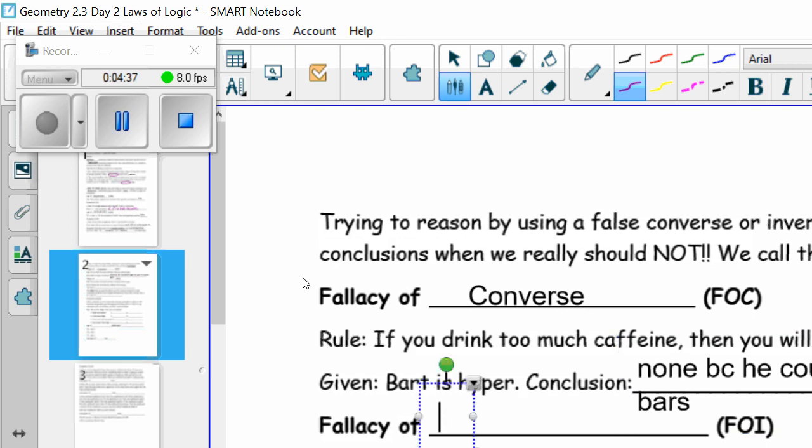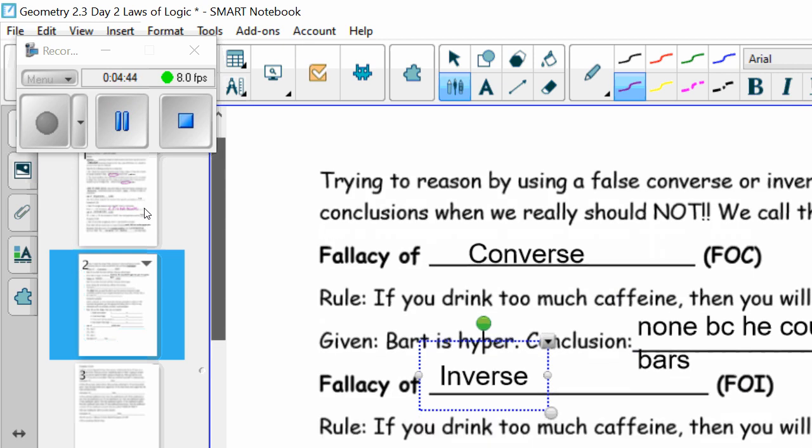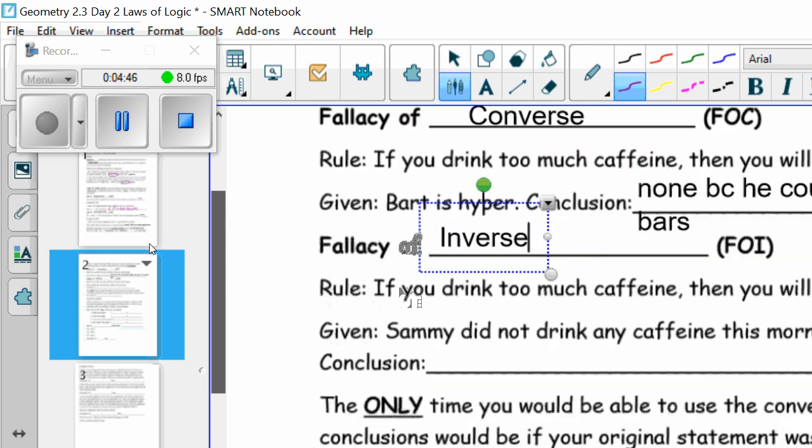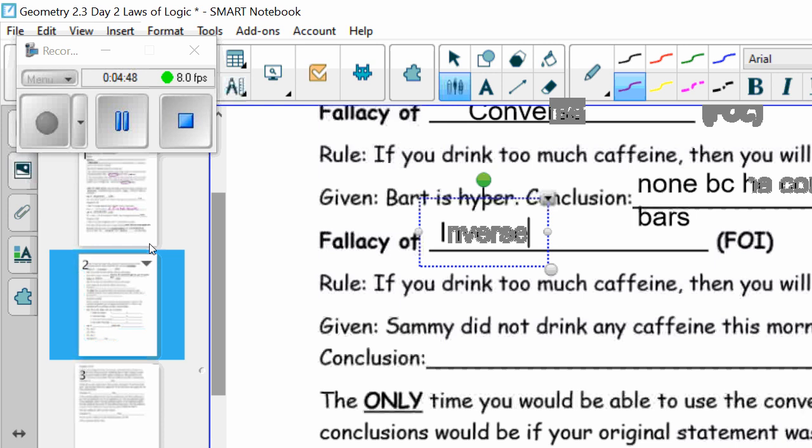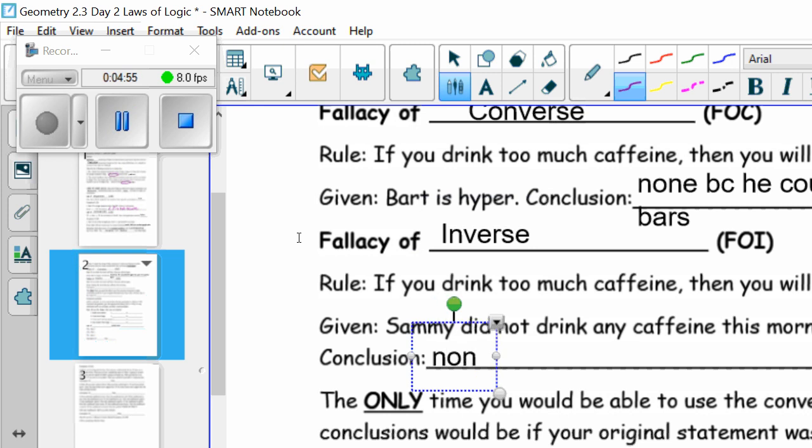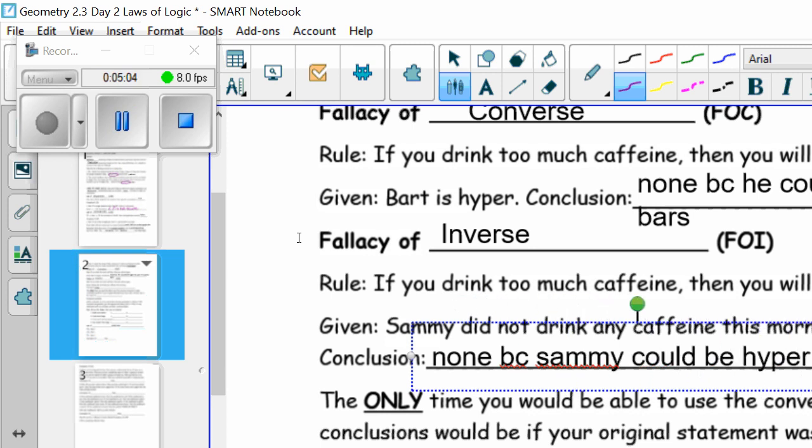Then we have what's called the fallacy of the inverse. We abbreviate that as FOI. The rule, if you drink too much caffeine, then you will be hyper. Given, Sammy did not drink any caffeine this morning. Again, I cannot have any kind of conclusion here that would be true without a doubt because Sammy could be hyper without drinking caffeine.